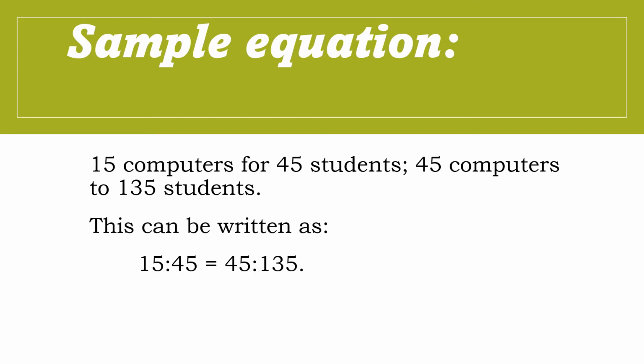This can be written as 15 is to 45 is equal to 45 is to 135. So the number of computers is directly proportional to the number of students, since the number of computers increases as the number of students also increases.